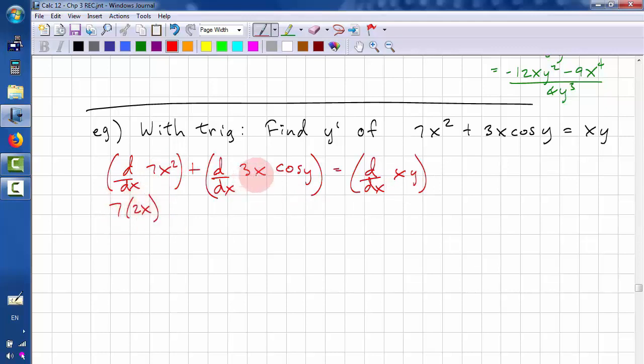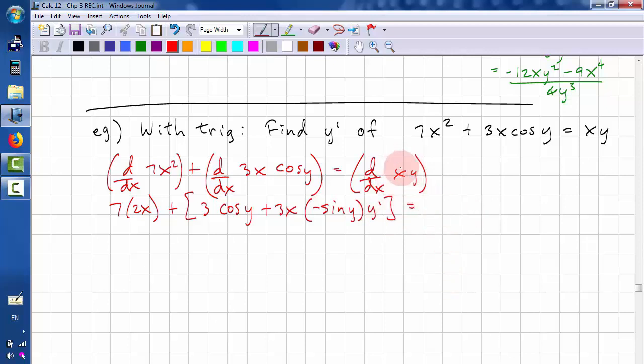So derivative of 3x is just 3, and then we have cos y. Then we have 3x. We're doing the derivative of cos y. So that's negative sine y, and we have a y prime.